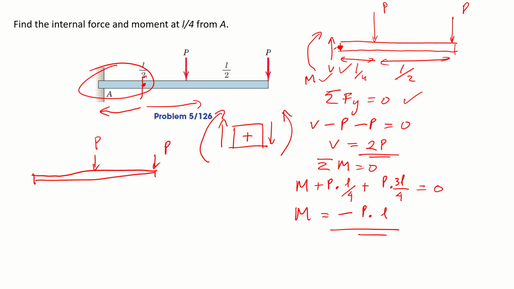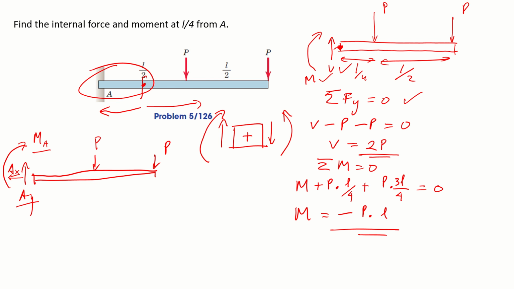Okay, and I assume we have AY here, we have MA here, and we have AX here. As usual, we have 3 equations to solve all of these 3 unknowns.